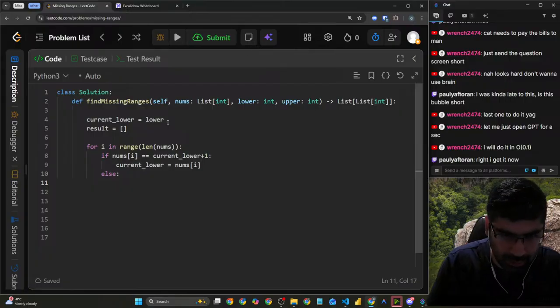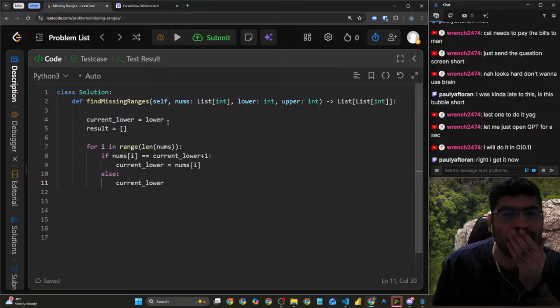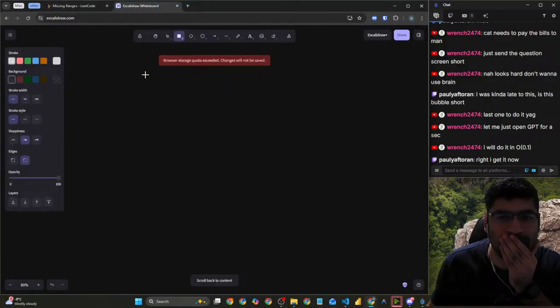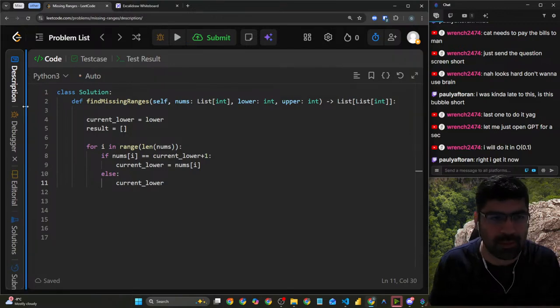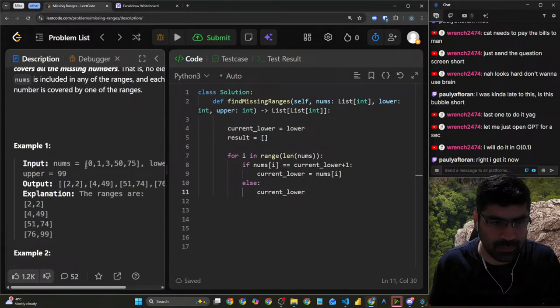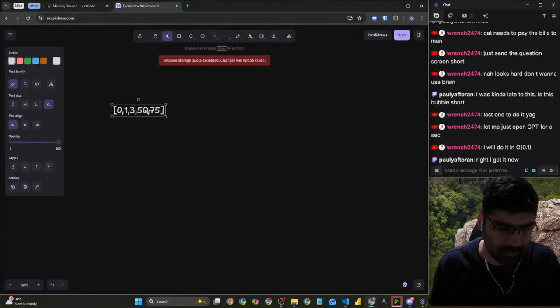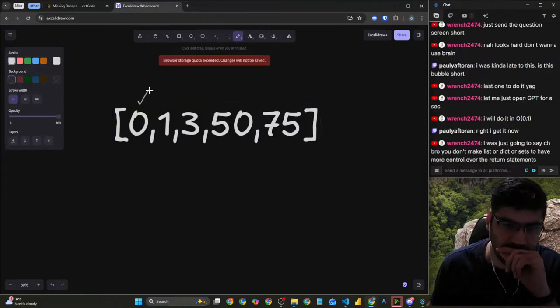If it is not equal, then my current lower, whatever is my current lower, starts from here.